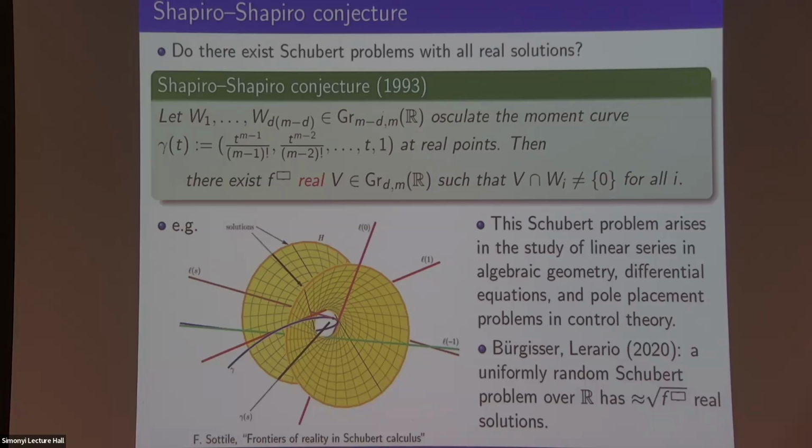If these are uniformly random, you would not get anything special. So that's just for this divisor Schubert problem. But I was interested in other kinds of Schubert problems, like ones on the flag variety. Their result is just for the Grassmannian divisor Schubert problems. It could be interesting to see what happens in other cases.